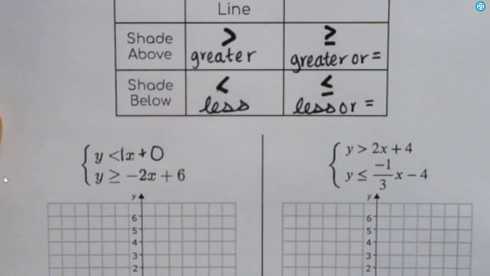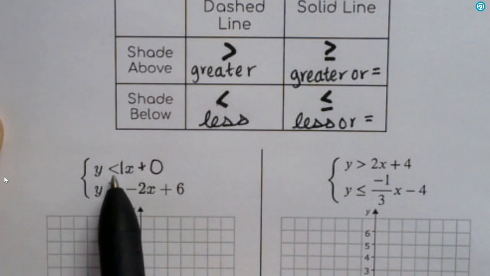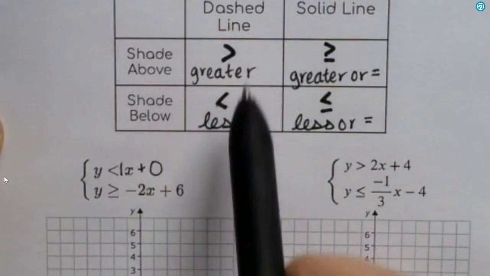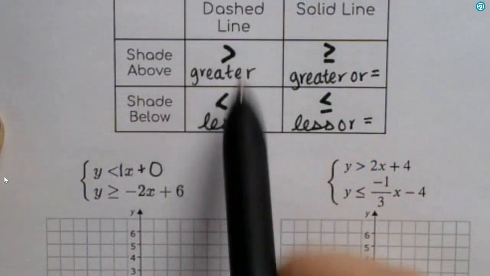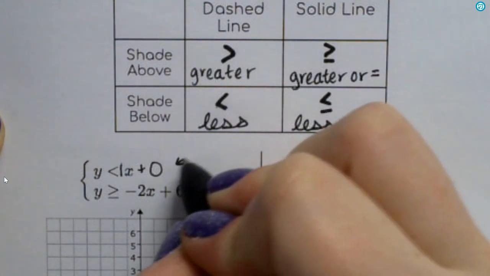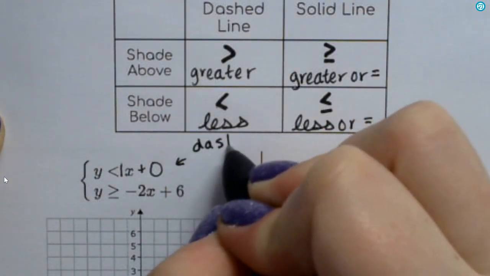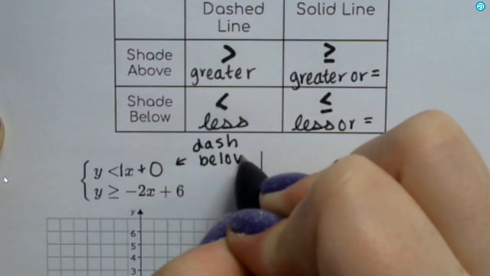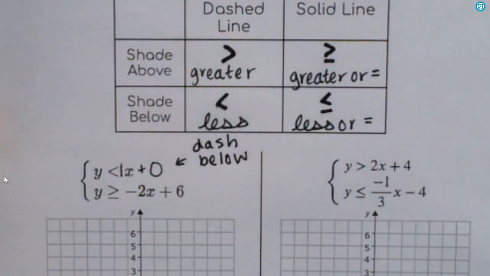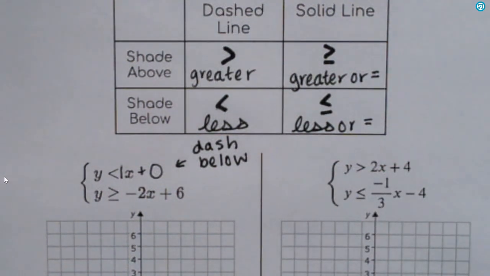Then I'm going to put some little notes to myself because this is a less than symbol. I'm going to shade below a dashed line. I'm actually going to write dash first. So dash below. So I'm just going to put a little note to myself that for that first line, I'm going to do a dashed line and shade below it.